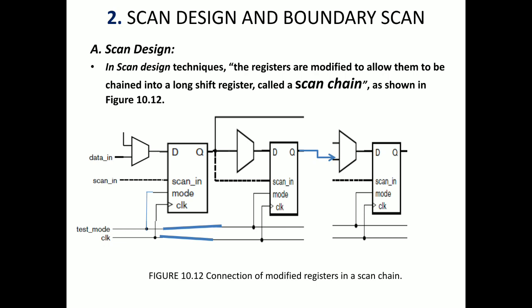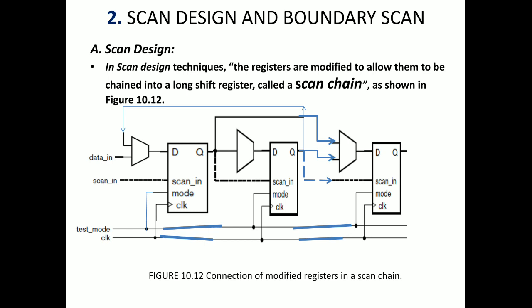Again another flip-flop, and the output of the second flip-flop will be given as the input of the first multiplexer. This is how we construct the register modified into a scan chain register.